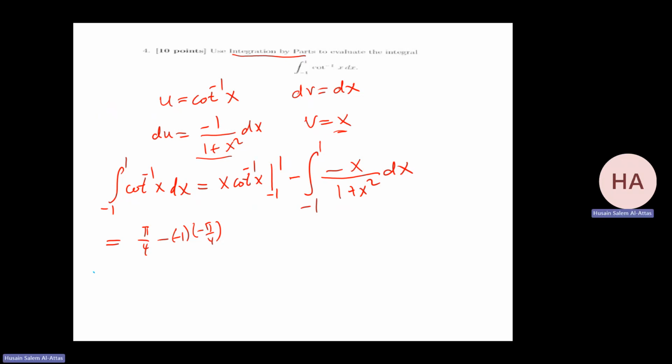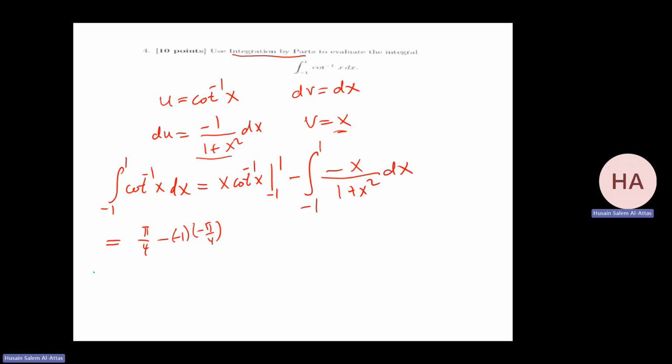Yeah, cotan inverse of minus pi over 4. It will be minus 1. Yeah, cotan is an even function.